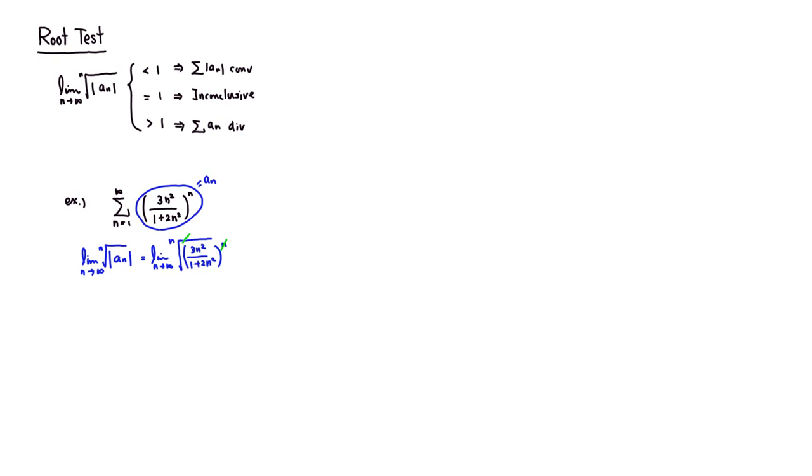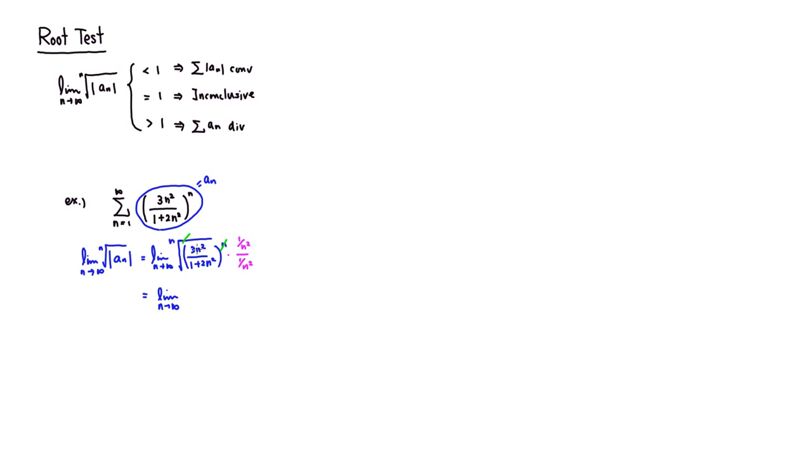What I'm going to do is multiply top and bottom by 1 over n squared. I usually look for the highest power in the denominator, which is n squared, so I divide top and bottom by n squared. So this is going to be equal to the limit as n approaches infinity.